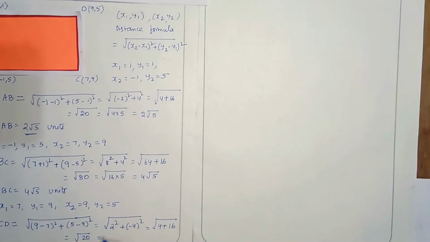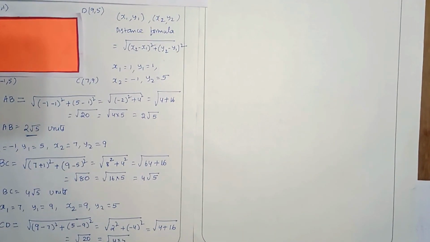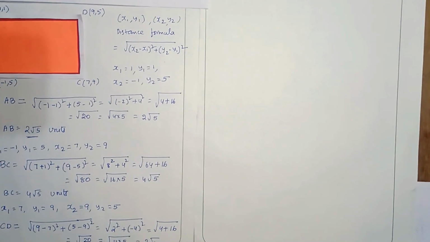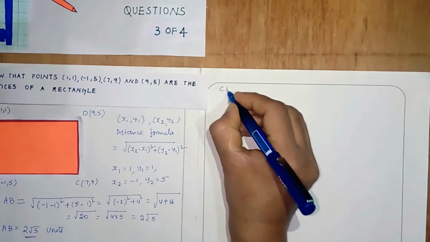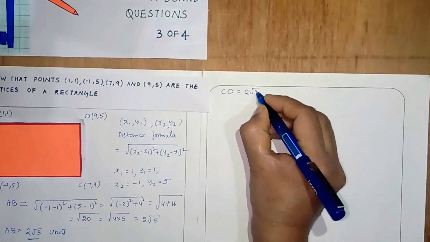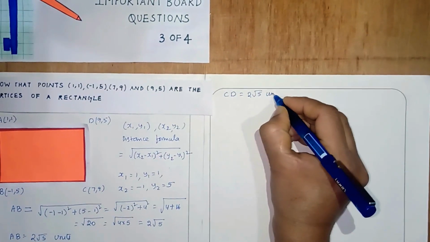Again, 20 can be written as 4 into 5. Root 4 value is 2, so 2 root 5. Therefore, the length of CD is 2 root 5 units.